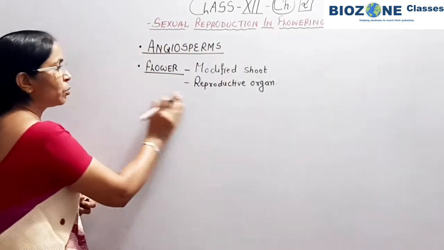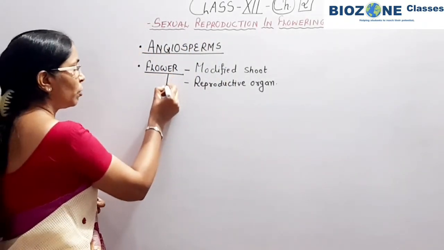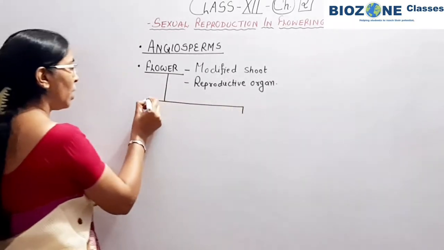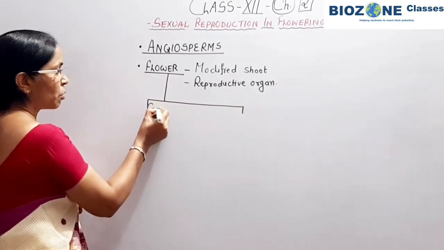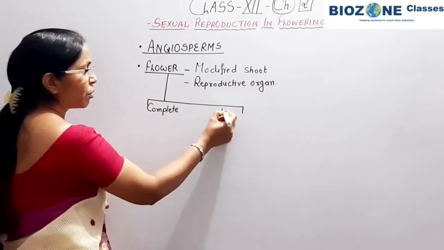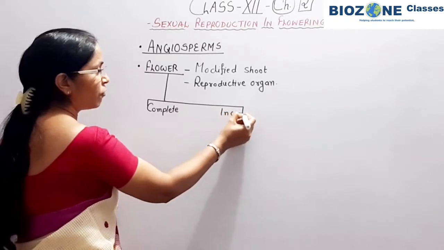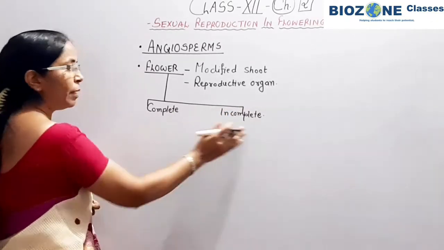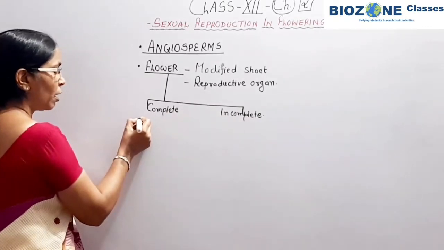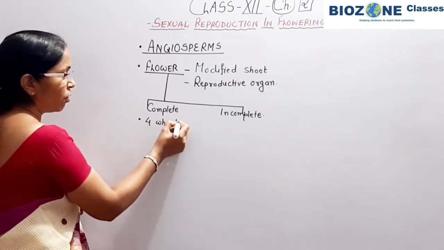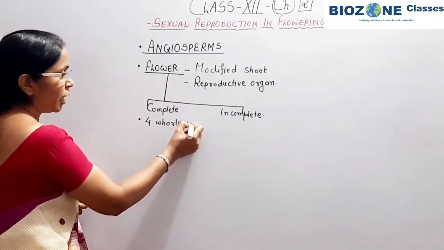Now, flowers are of two types: either a complete flower or an incomplete flower. What do we understand by complete and incomplete? A complete flower is one in which all four whorls are present.